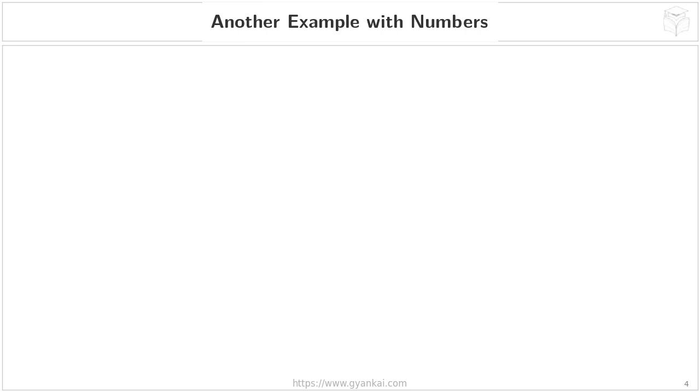Another example with numbers. Let's move on to another example, this time working with numbers. As you recall from the previous slides, a function takes an input and gives us a unique output. Here, we're defining two sets. The first set, which we'll call x, contains the numbers 1, 2, 3, and 4. We represent this as x equals the set containing 1, 2, 3, and 4.